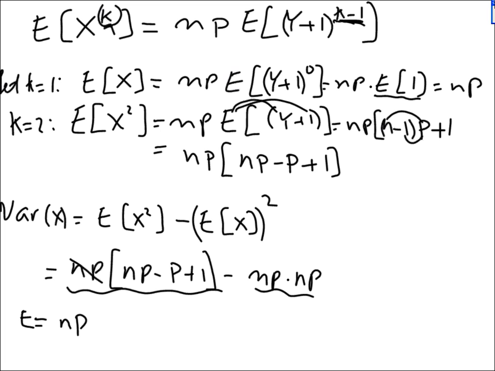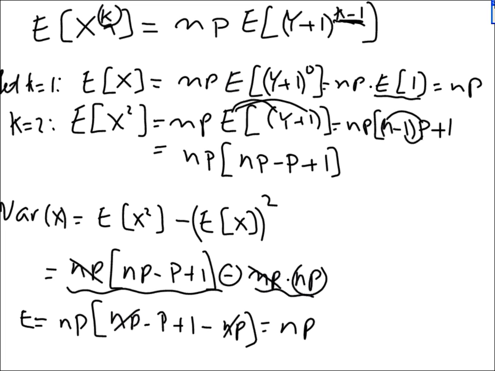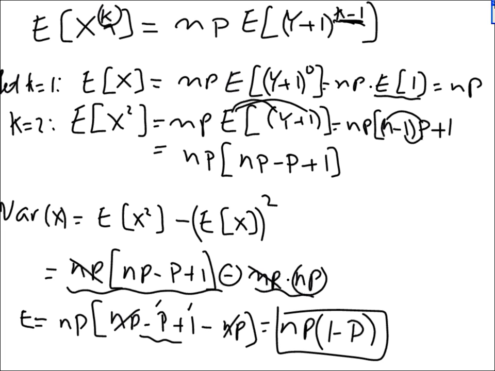So what's left is np minus p plus 1 minus np. So this np cancels out, and we have np. Instead of saying minus p plus 1, we'll say 1 minus p. Here's 1, and I'm taking away p. This is the variance of a random variable x. You multiply n times p and multiply that by q: npq, where q is 1 minus p.